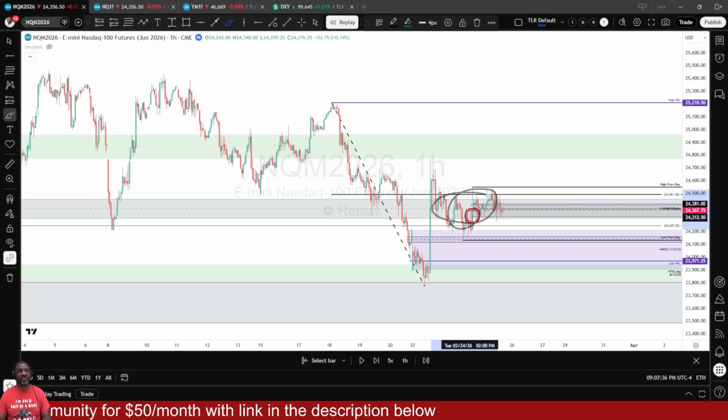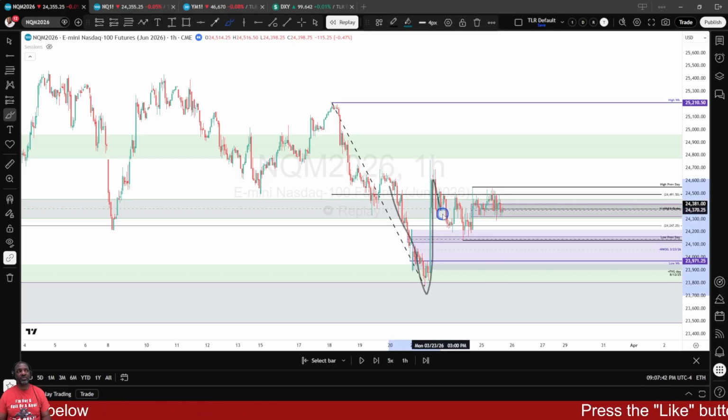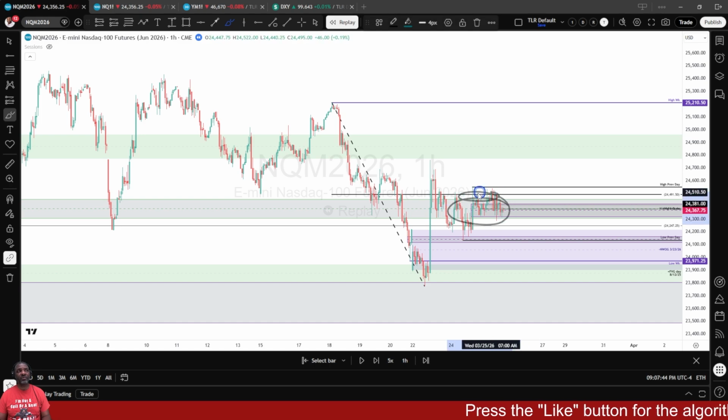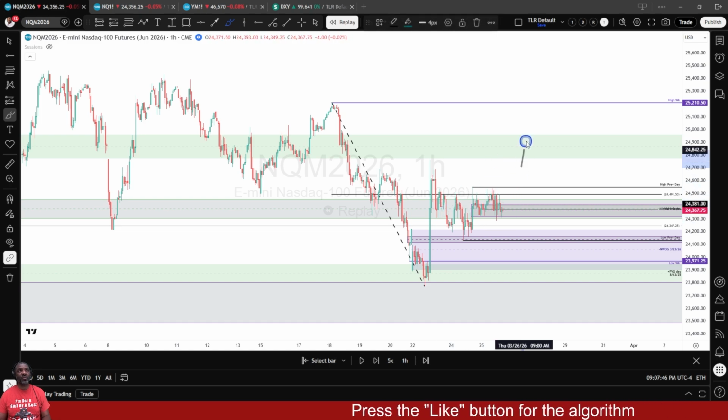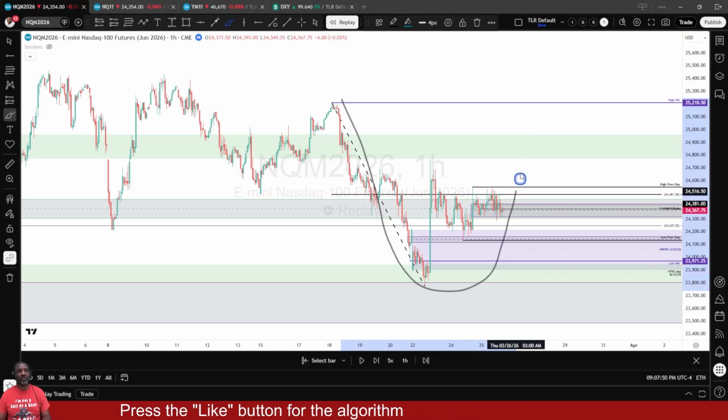If we come back up and take out that high, smart money reversal, first stage accumulation, then you'll be looking for us to deliver above that high to complete that small market maker buy model.